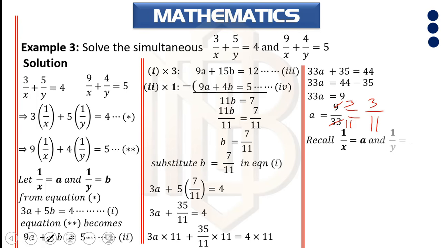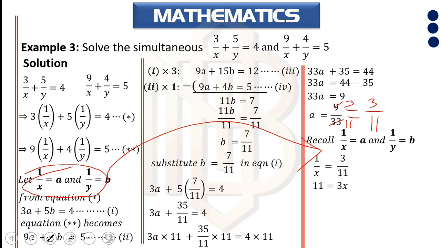So then we can recall, because we are recalling from here, that 1 over x equals a and 1 over y equals b. So if you do that, 1 over x equals 3 over 11 according to what we have here, and 1 over y equals 7 over 11. But let's evaluate our value of x first. So from there, you can see x equals 11 over 3.